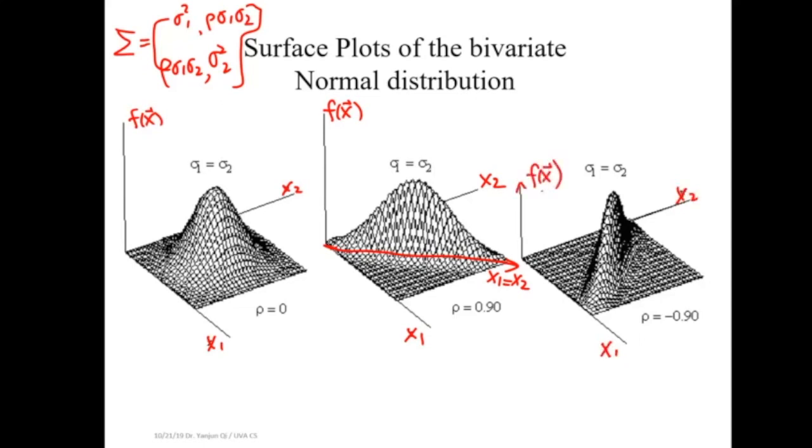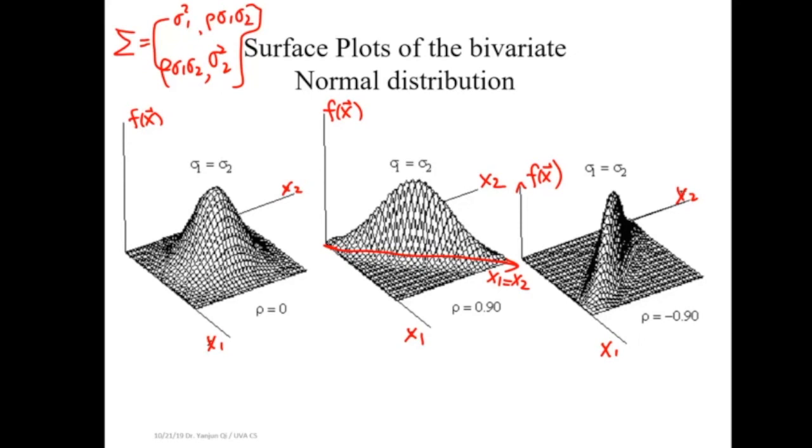You can make other similar changes, for example the inverse, where you make rho minus 0.9. Now what would you get? The bell is stretched along the line in the middle, not x1 equals x2.